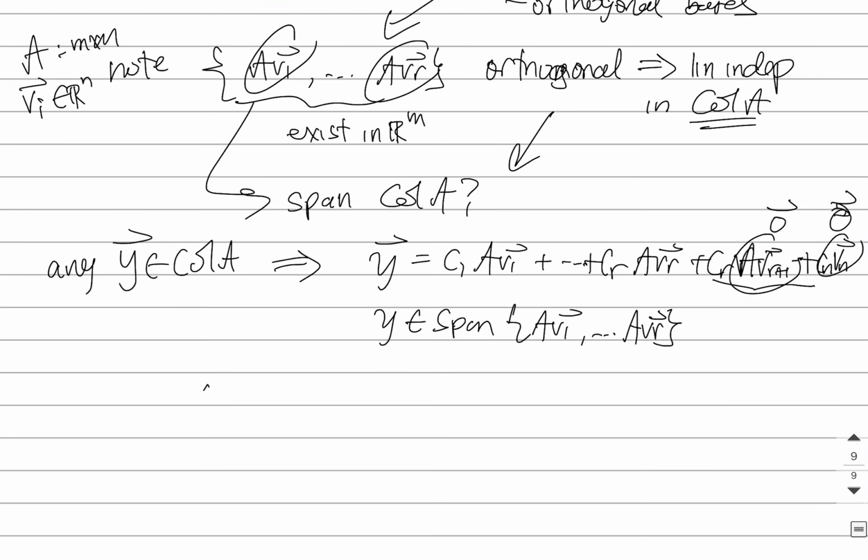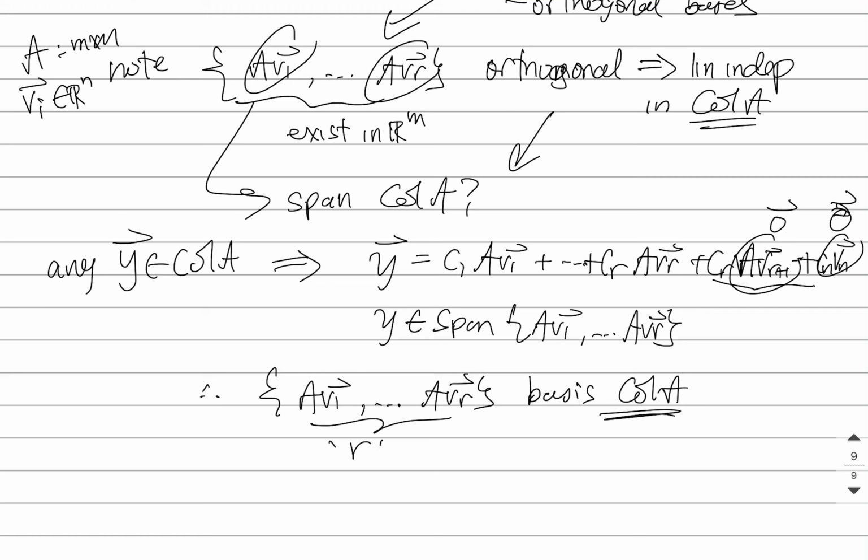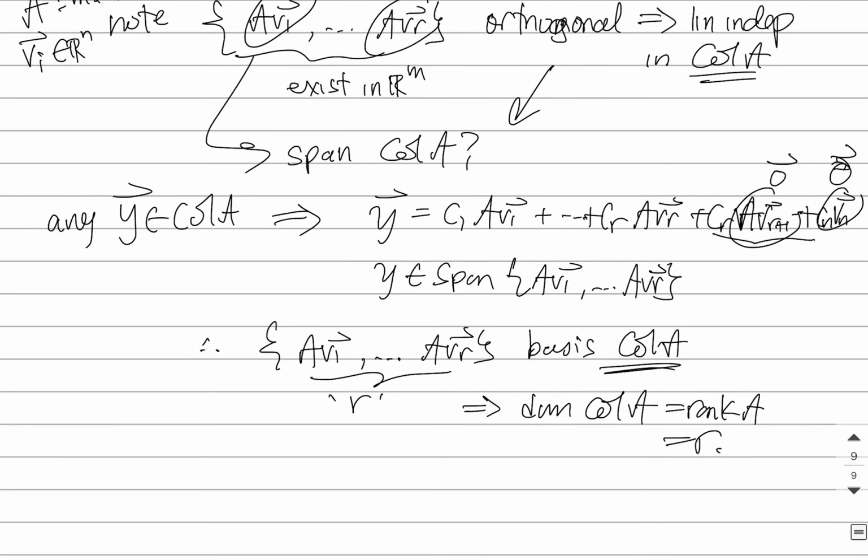And the point of the story is this set of vectors, which are just the U, are a basis for the column space of A. And because there are R of them, that means that the dimension of the column space of A, which is the rank, is equal to R. So as one simple example in real life, when people need to figure out the rank of a matrix, what they do is they find the number of non-zero singular values.